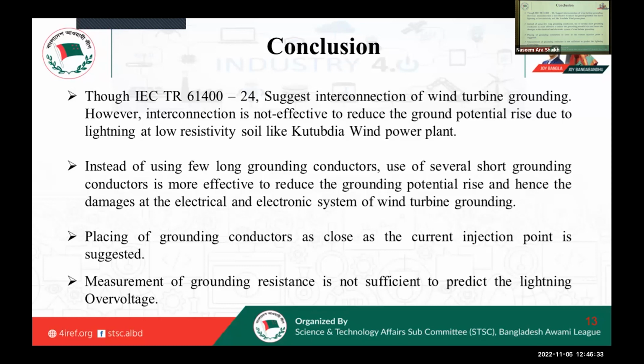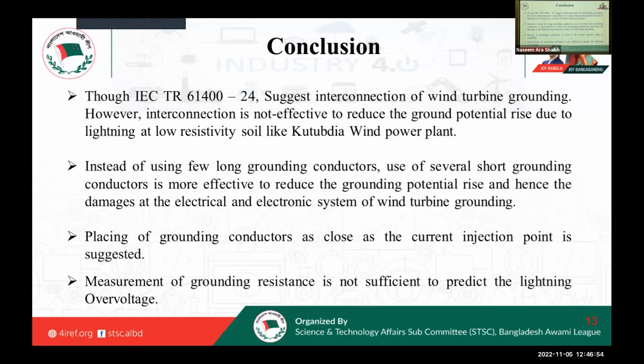But if it is located near the seashore, where the soil resistivity is very, very low and the soil contains a huge amount of water, in that case interconnection is not effective at all. This is one of the major findings of our research.